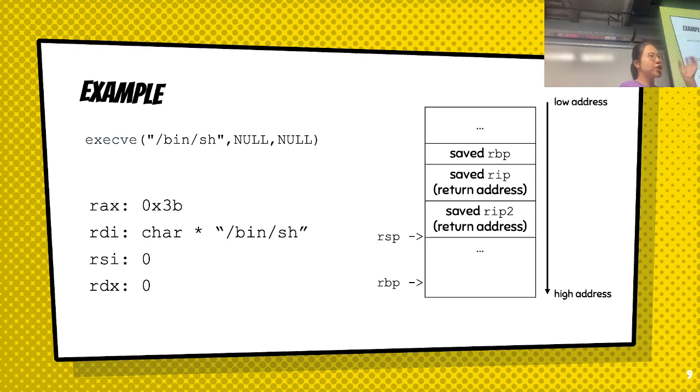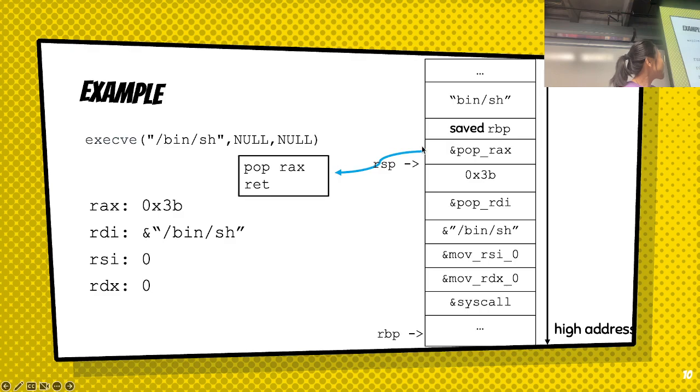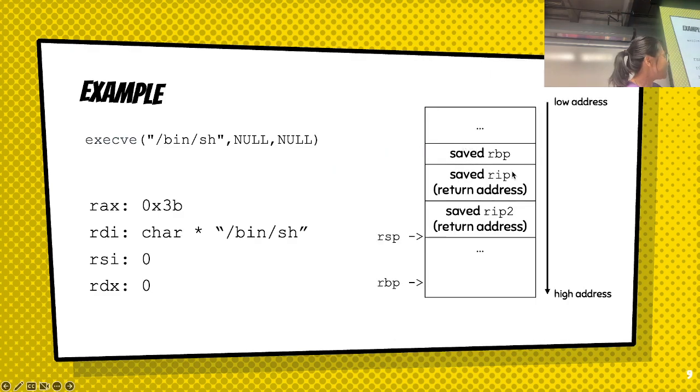We want to chain our gadgets all together, and we can make each gadget fulfill one of those argument conditions. For example, I'll start to construct the chain. We can make the first gadget fulfill the purpose of RAX equal to 0x3b.